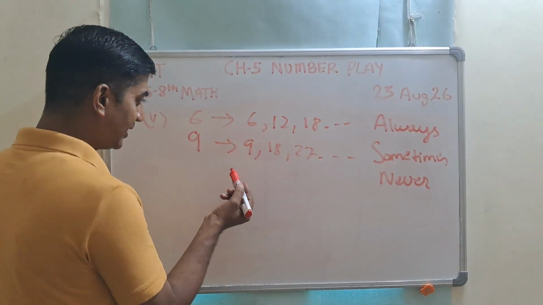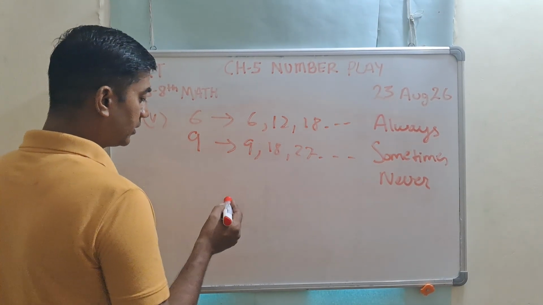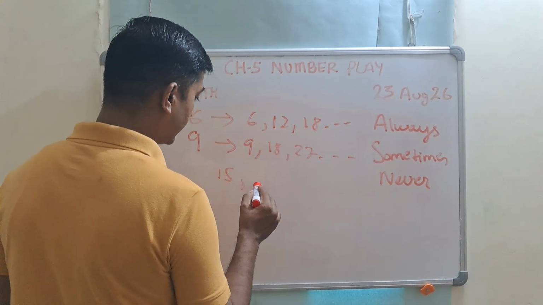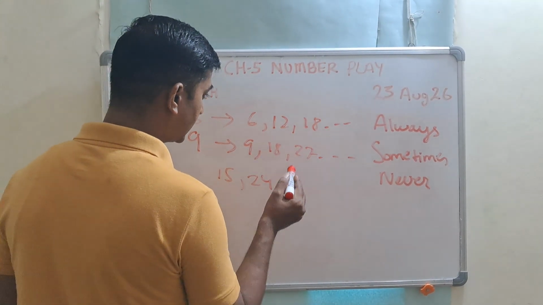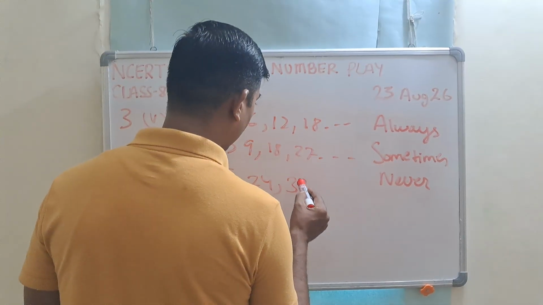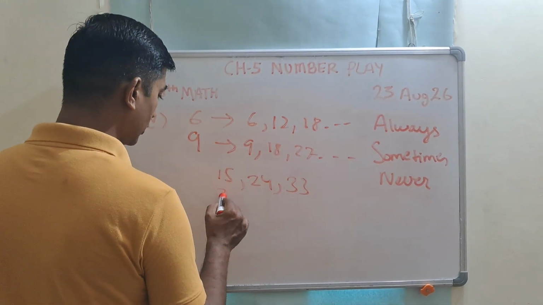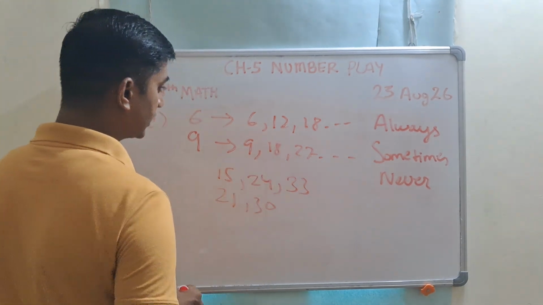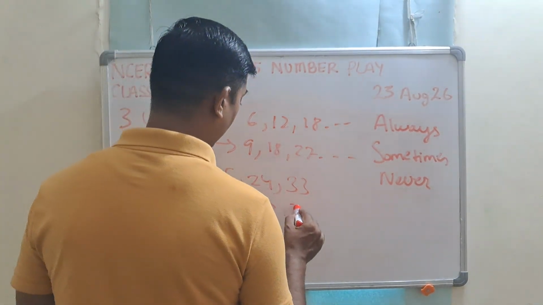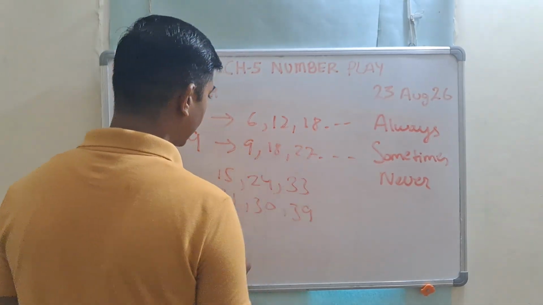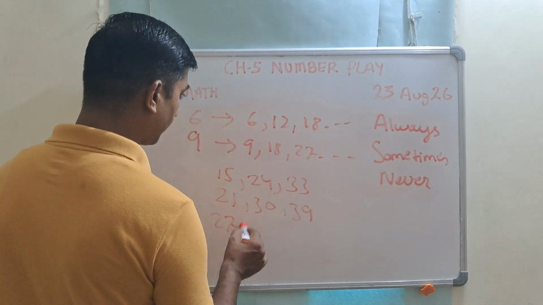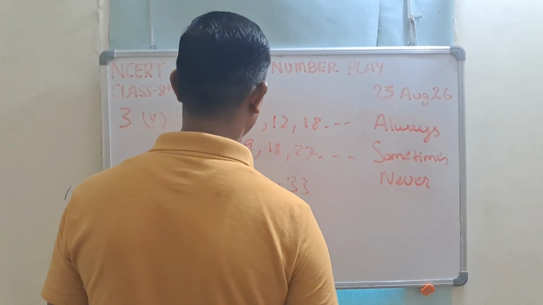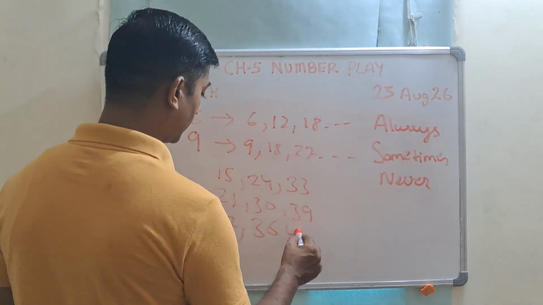Now add these. 6 plus 9 is 15. 6 plus 18 is 24. 6 plus 27 is 33. 12 plus 9 is 21. 12 plus 18 is 30. 12 plus 27 is 39, and 18 plus 9 is 27, 18 plus 18 is 36, 18 plus 27 is 45.